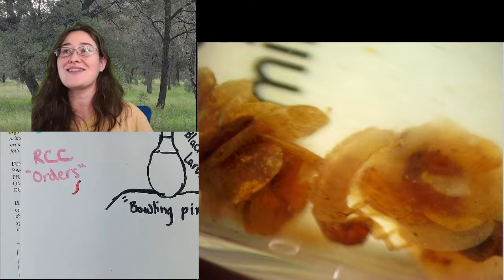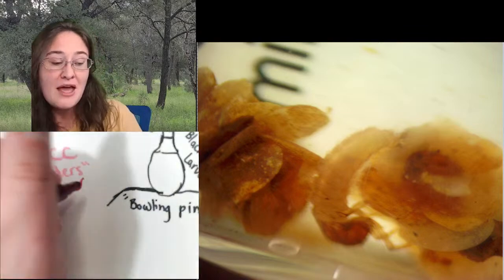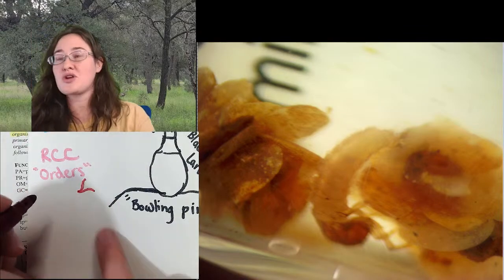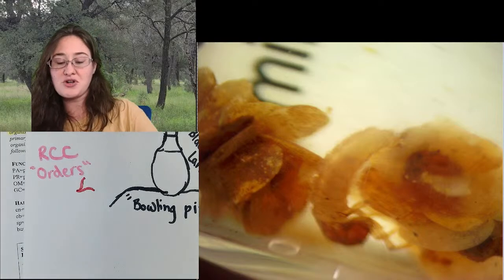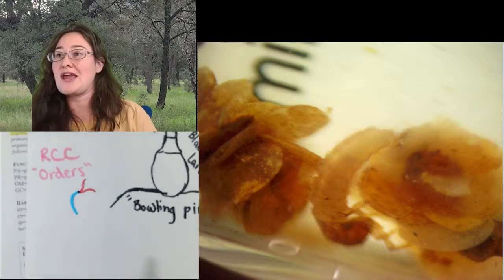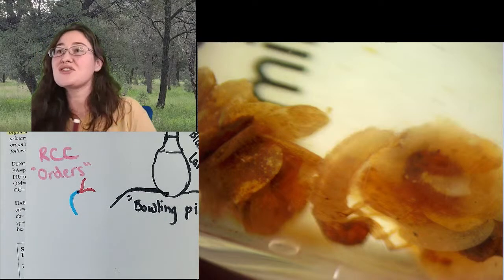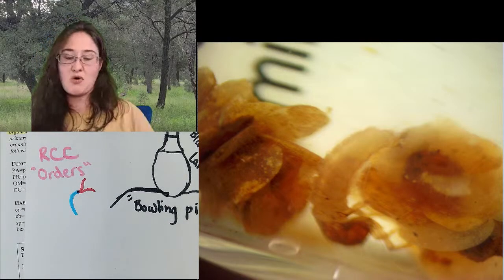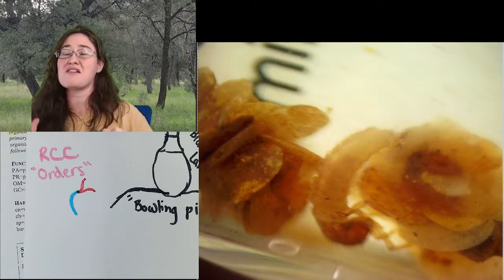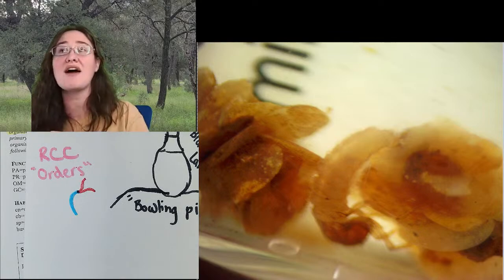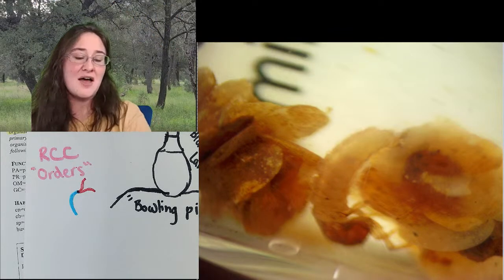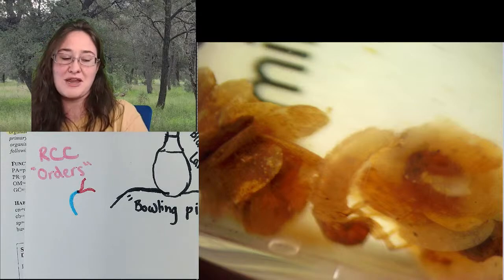And when a first order stream meets another first order stream, you have a second order stream. That one is just a little bit wider. It's got a little bit more potential. It's probably still in the forest somewhere. It definitely has a lot of shade cover and branches over top of it. There are not very many people out there.